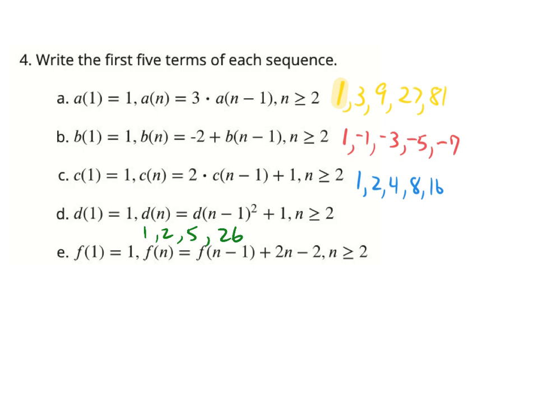Yes, and then 26 squared is a big number. 25 times 25 is 625. 26 times 26 is... I need a calculator. 26 times 26 is 676, plus 1 is 677.